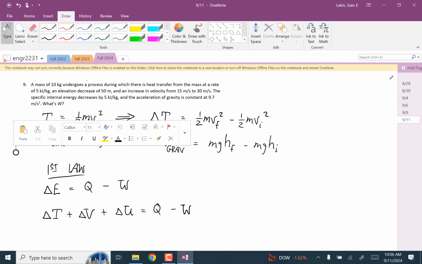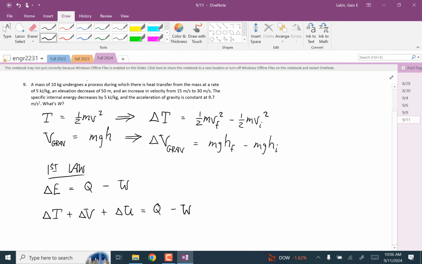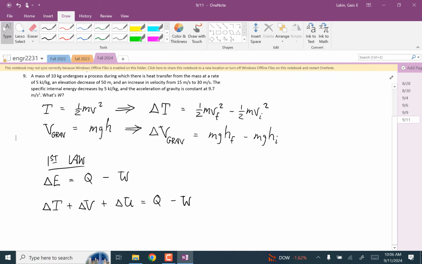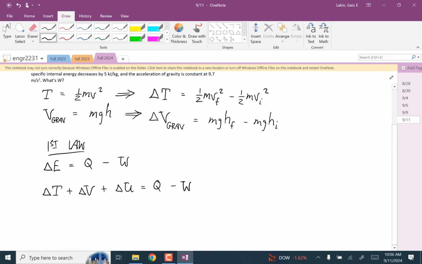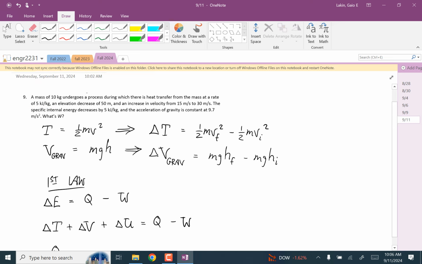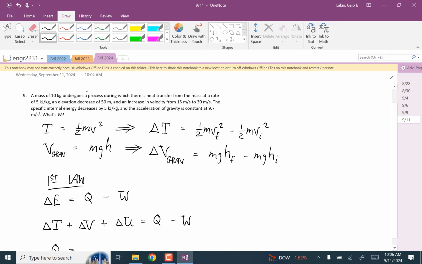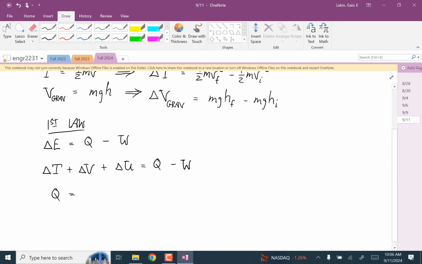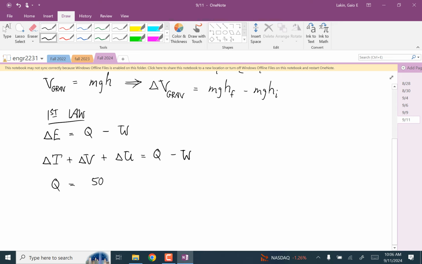Okay, so what do we know about this? So the mass, there's heat transfer at a rate of 5 kilojoules per kilogram. So the heat is equal to, I'm going to put everything in SI units. So kilojoules is 5,000 joules per kilogram.